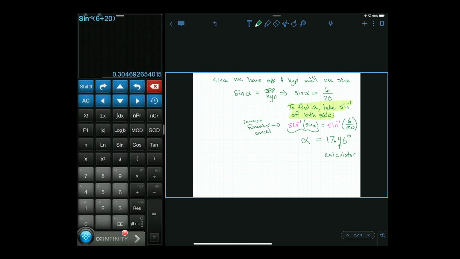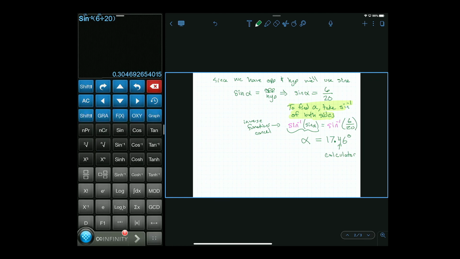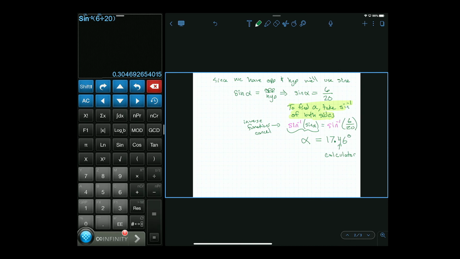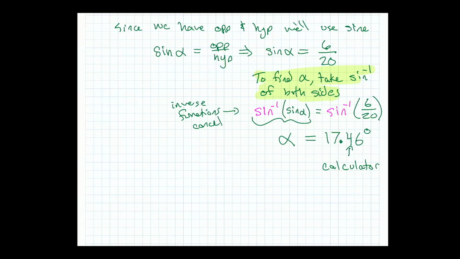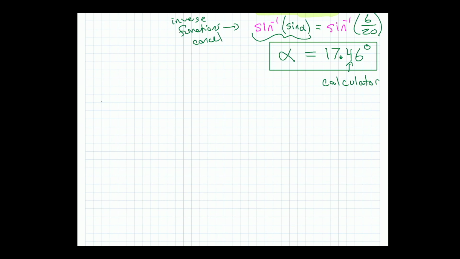So degree mode, get degrees. That's what it comes down to. And there you go, that's it. You're going to be doing a lot of stuff like this on the homework, I think. We'll see.